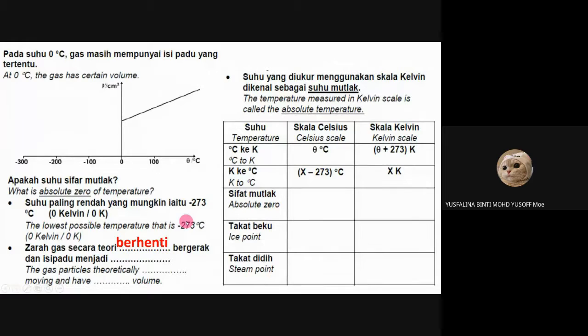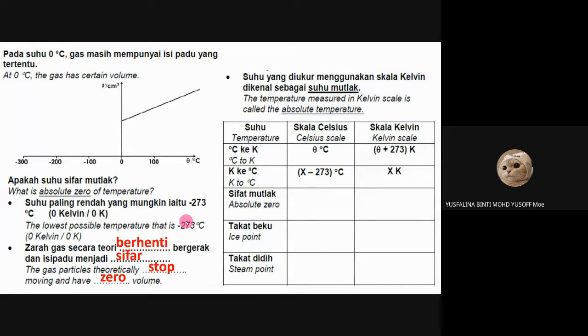The gas particles theoretically stop moving and have zero volume at negative 273. The temperature measured in the Kelvin scale is called the absolute temperature.